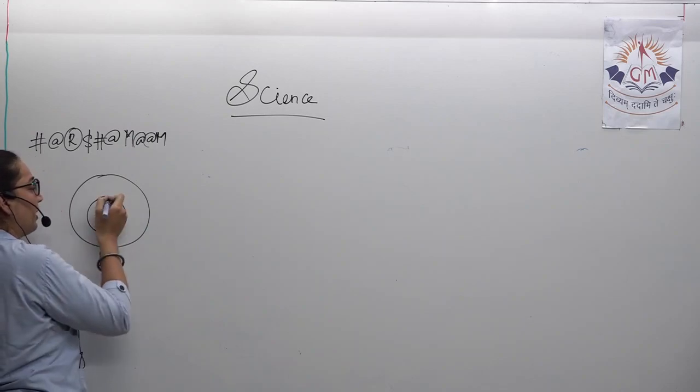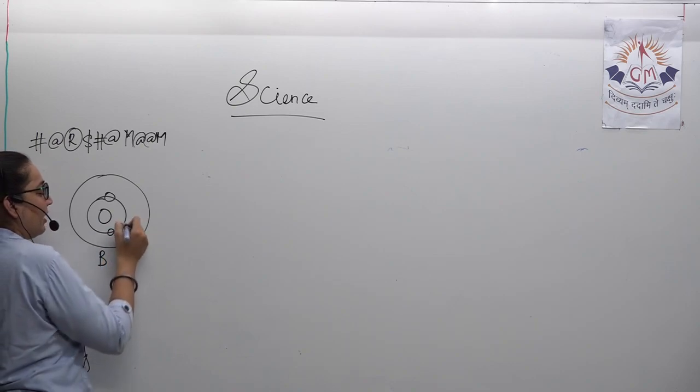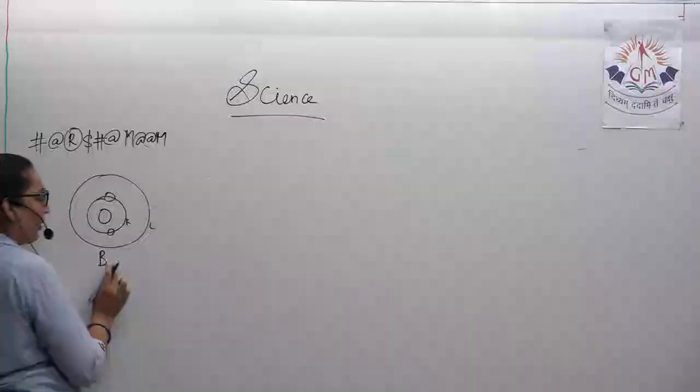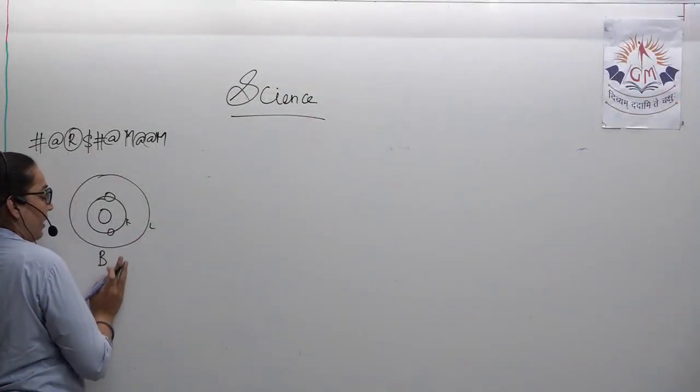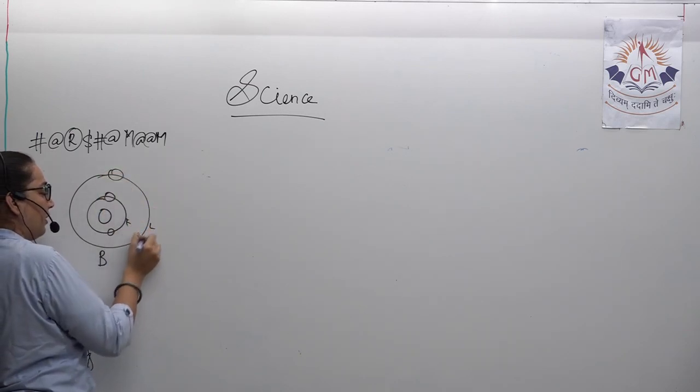So in the first orbit it will have how many electrons? 2. In the next orbit, L shell, maximum how many electrons can come? 8. What is the atomic number of boron? 5. Out of 5, 2 have already come. So how many will be able to come over here?